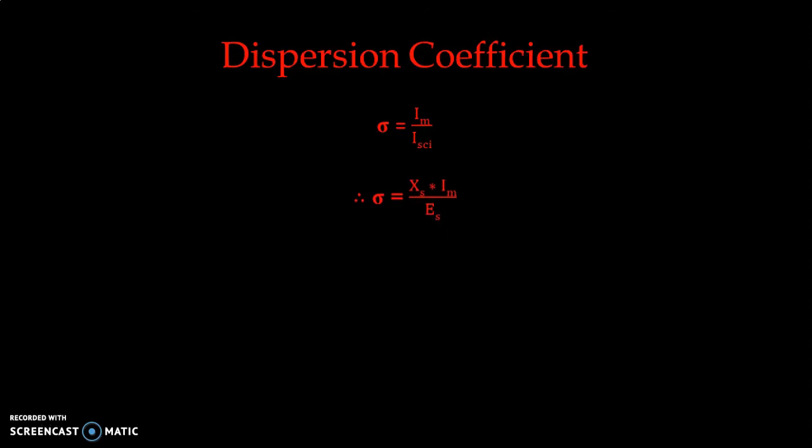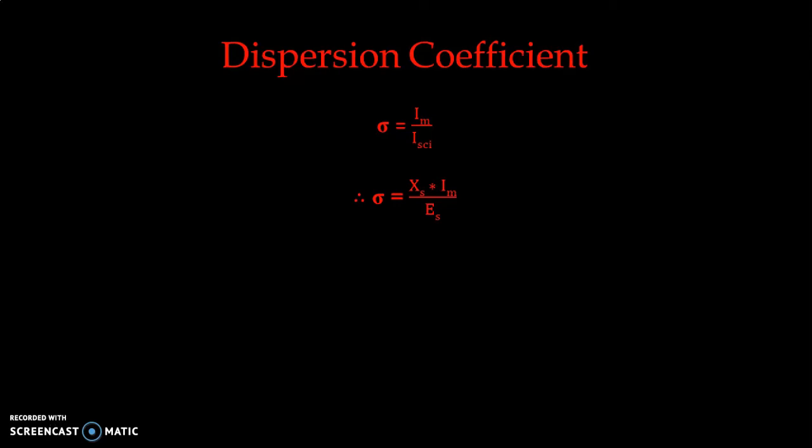If we substitute the value of the ideal short circuit current, that is, stator voltage divided by the total leakage reactance referred to the stator, then ultimately the dispersion coefficient is directly proportional to the leakage reactance as well as the magnetizing current, because our stator voltage normally remains constant. For any given stator voltage, the dispersion coefficient is directly proportional to these two quantities.